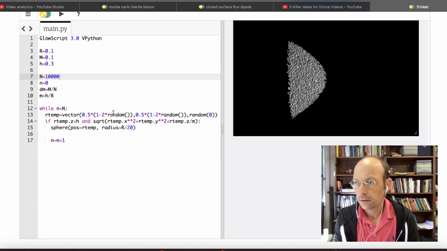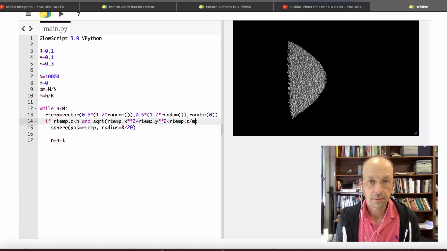And if rtemp.z is less than h, okay, that cut that off. And the square root of rtemp.x squared plus rtemp.y squared is less than rtemp.z divided by m. Oh, I took the square root of the whole thing. Wait. Oh, that right there.